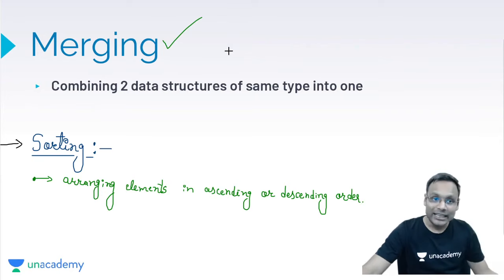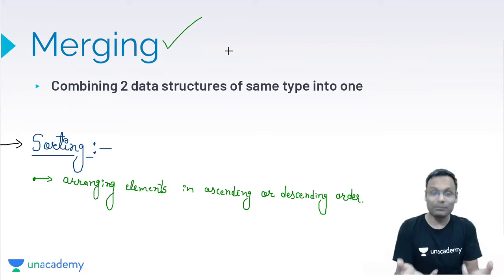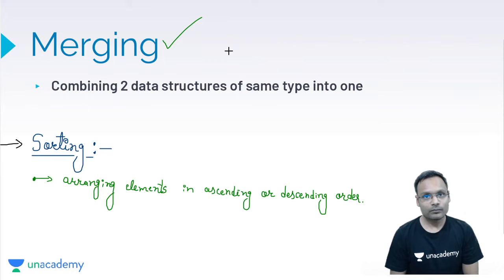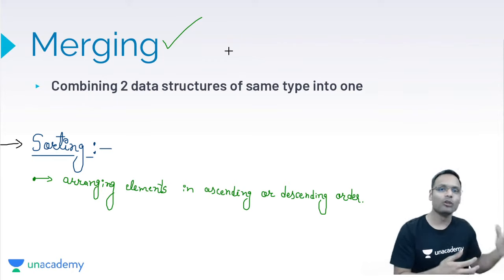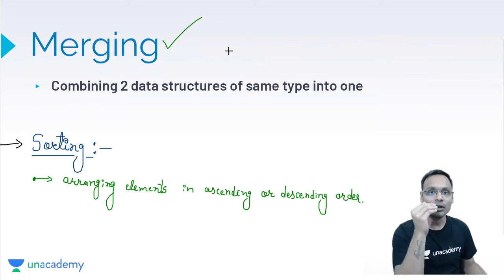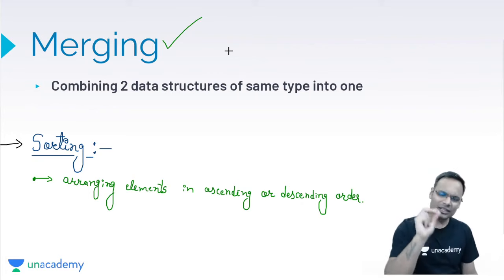If I have two heaps and I have to merge them into a single one for some kind of problem solving, of course I can use merging there. So all these are the basic operations which can be applied over almost all data structures, but only if we need that operation, then we will apply it.